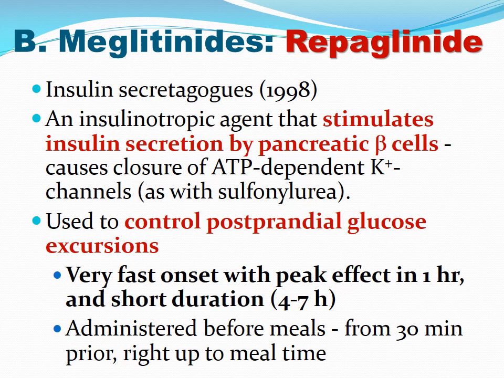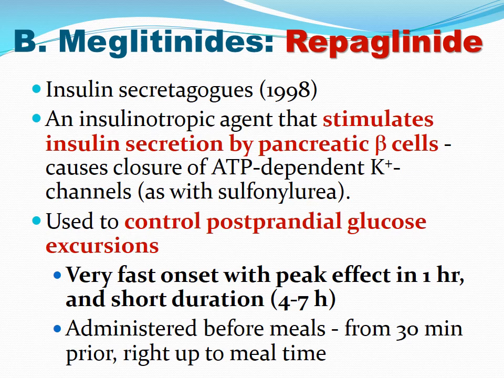They stimulate insulin secretion from pancreatic beta cells by causing closure of ATP-sensitive potassium channels and opening of calcium channels with the release of insulin. It has the same mechanism as sulfonylureas. Usually used to control postprandial glucose excursions, the increase in glucose following eating.